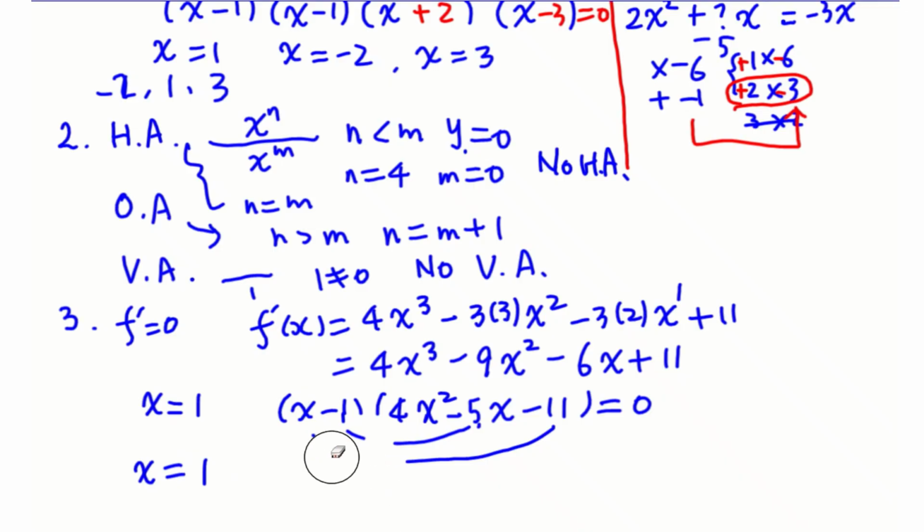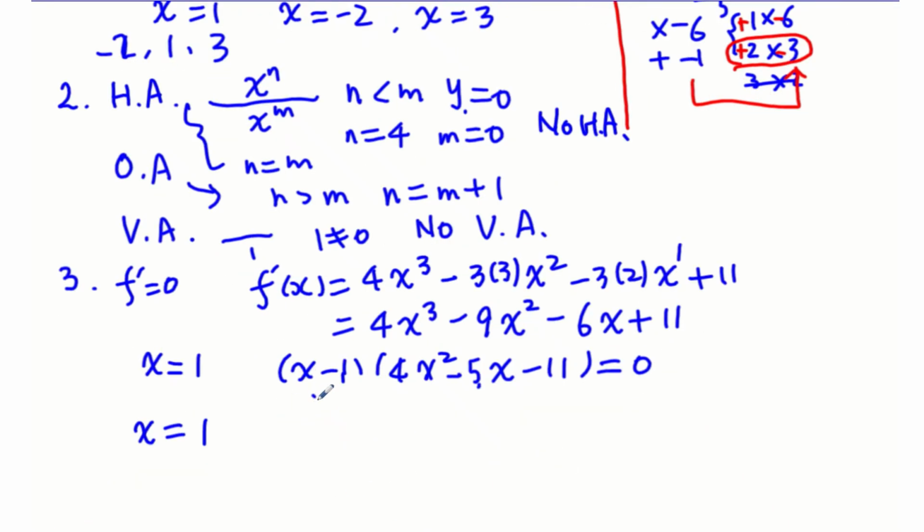And for the second one, if it's not factorable, we need to use the quadratic formula. So this one, 4x squared minus 5x minus 11 equals 0. And 4 and 11 are multiplied together. This is a complex trinomial, so you need to find two numbers that multiply to negative 44 and add to negative 5.